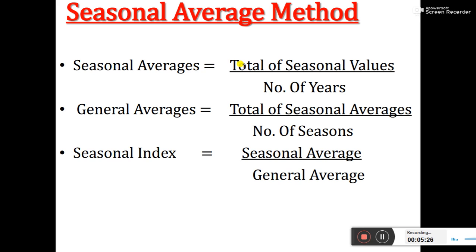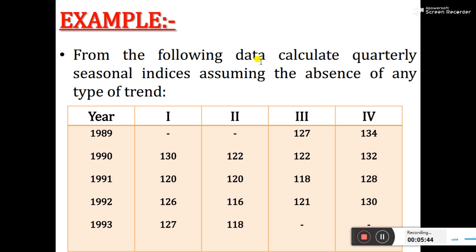Third one is seasonal index, that is seasonal average divided by general average. General average means total of seasonal averages and number of seasons, and seasonal average is total of seasonal values and number of years.